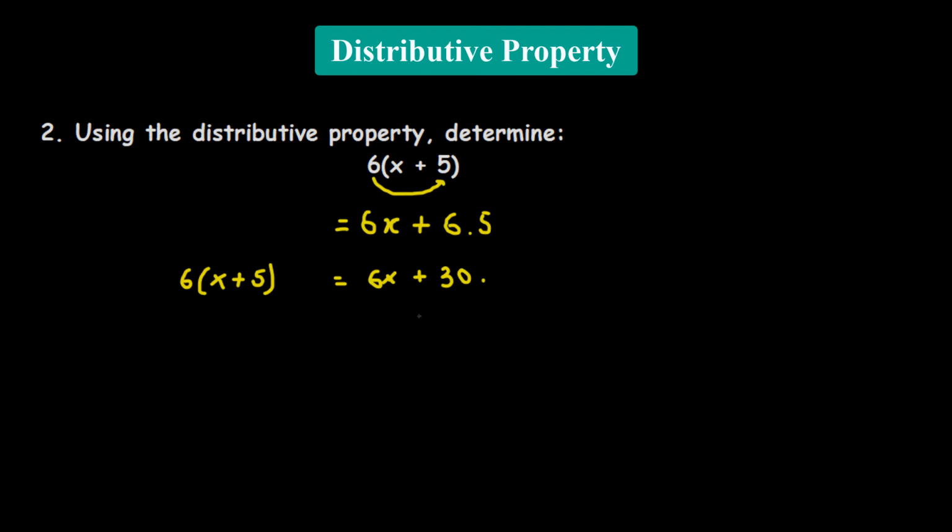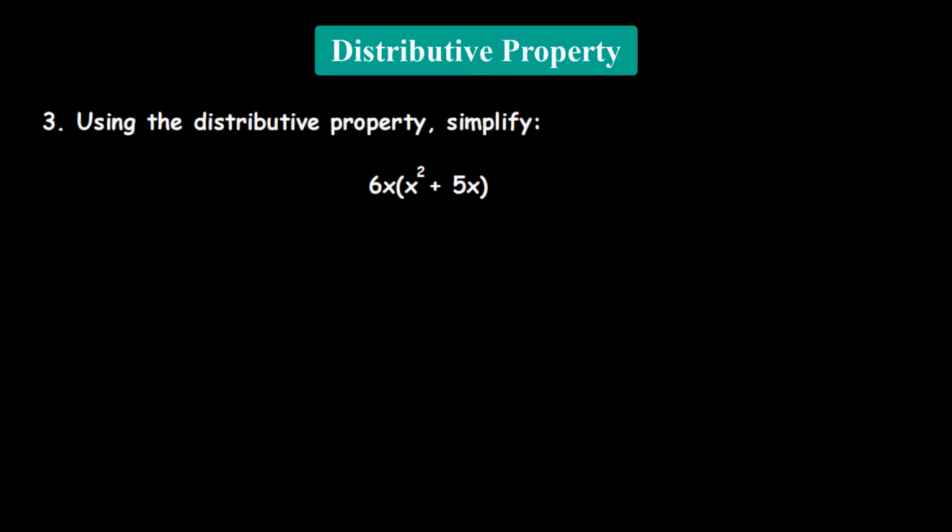Let's do another problem. So in this particular question, we have an algebraic expression which is slightly complicated compared to the previous problem. However, it's a very simple one. We will solve it step by step. So what we have here is 6x multiplied to the sum of x squared and 5 times x. Now we are going to use the distributive property, and we're going to write out the first term.